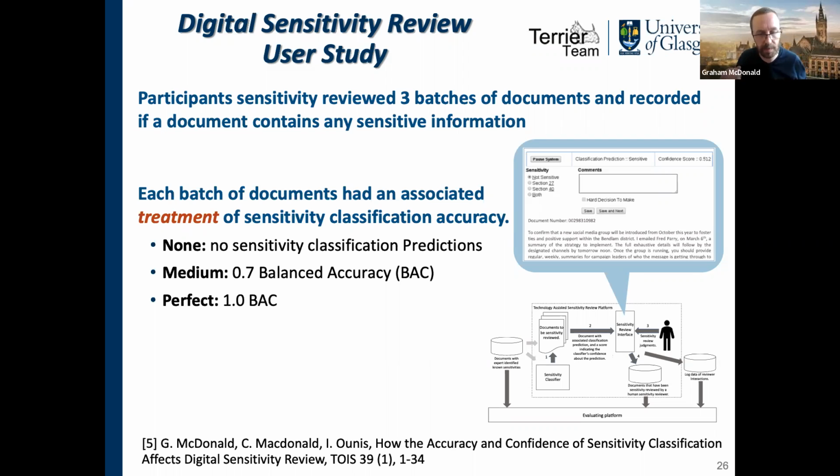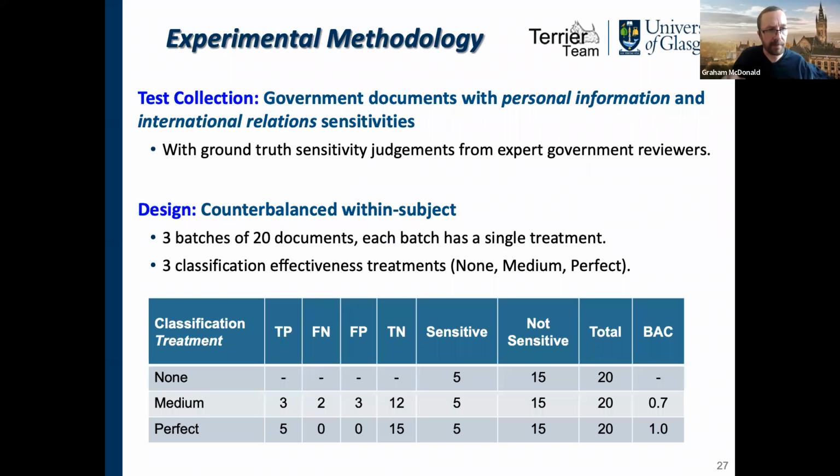This was set at the top of the screen so that they had to interact with this prediction first before they could go and review the documents. I think I've covered most of the stuff in this slide, but that shows you the setup of the batches and the fact that there was a ground truth by expert government reviewers.